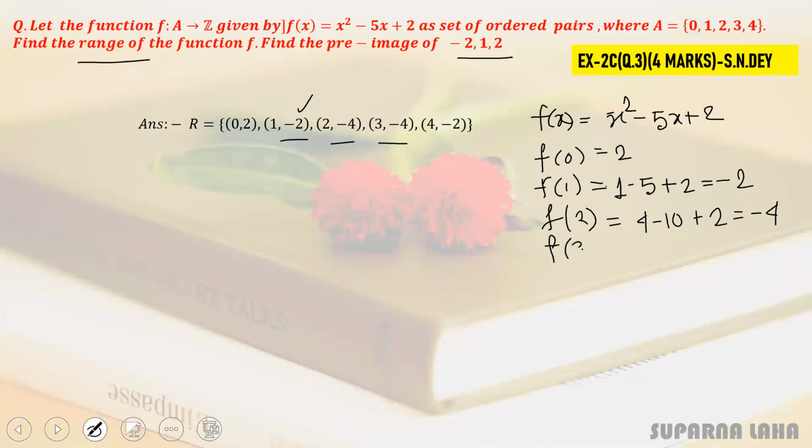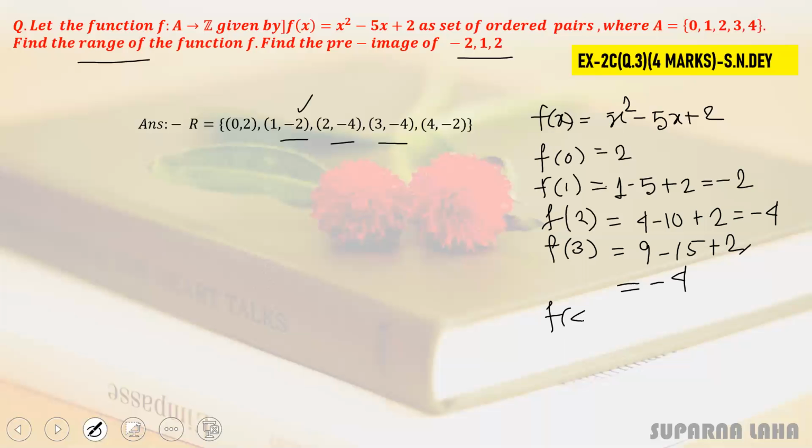F of 3: 3 times 3 is 9, minus 5 times 3 is 15, plus 2. 9 plus 2 is 11, and 11 minus 15 is minus 4.